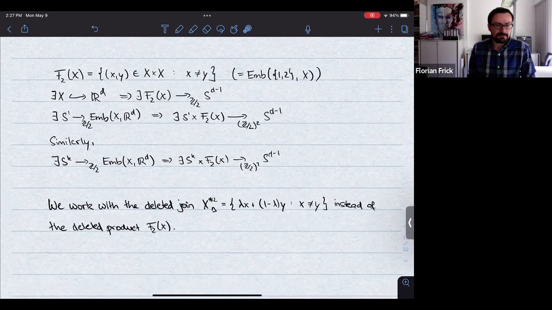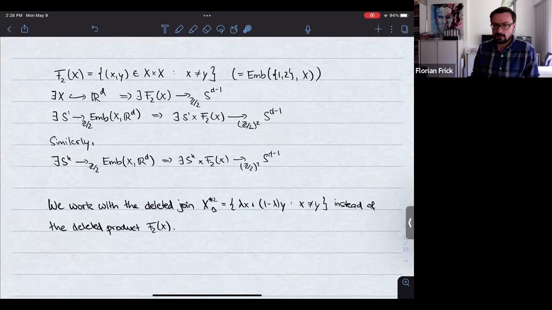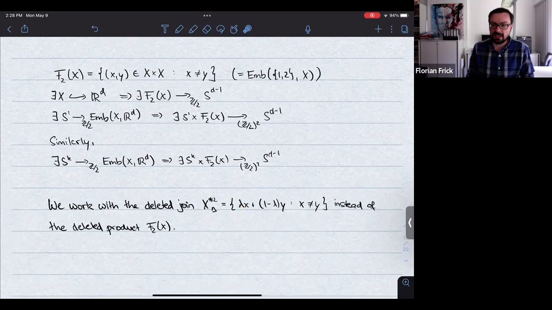Right. Tiny technical difficulty is we want to work with the deleted join instead of the deleted product. So instead of points, we have abstract convex combinations of distinct points. So that the configuration space sits in here inside of this space if you insist that lambda is 1/2. Right? But lambda can be anything between 0 and 1.